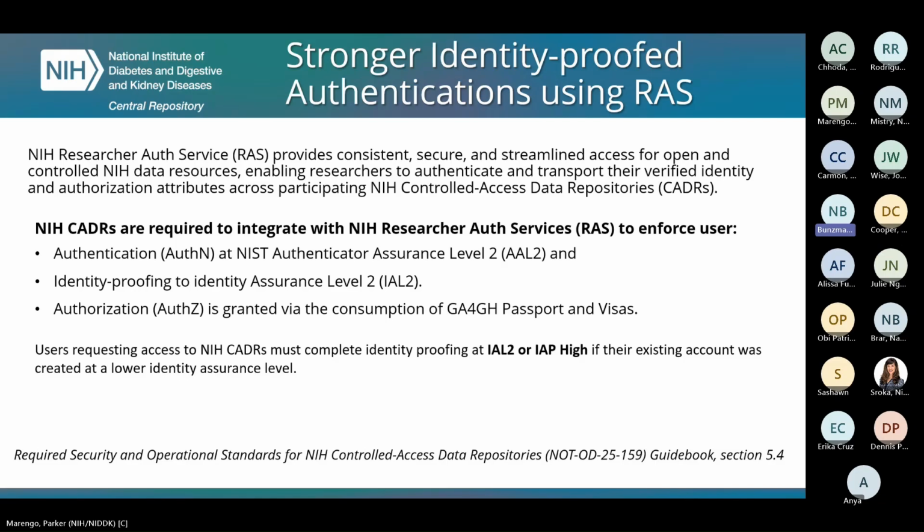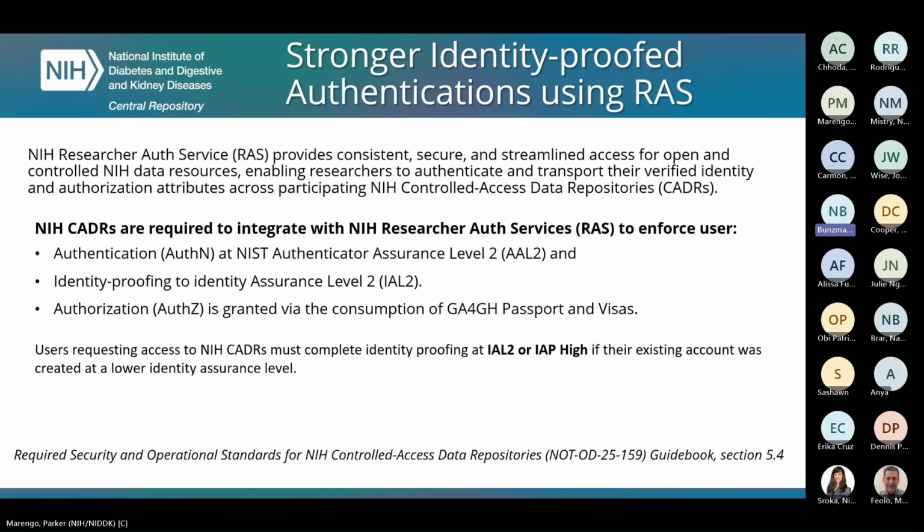Users that need access to the NIH CATERs must complete identity proofing at IAL2 or IAP high if their existing account was created at a lower identity assurance level. IAP high here is the InCommon equivalent of IAL2. InCommon is an identity provider that is coming down the line with CATERs, but is not yet integrated with them.